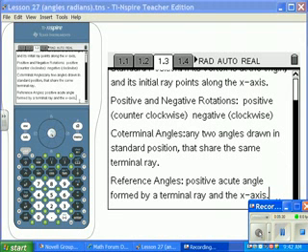Okay, so what's acute? Smaller than 90. Terminal ray, terminal meaning where it ends, and the x-axis. Okay, so we're talking about an angle that's going to lie in what quadrant? In the first quadrant. If it's less than 90 degrees, its terminal ray lies in the first quadrant. Okay. All right, so this is the vocab.